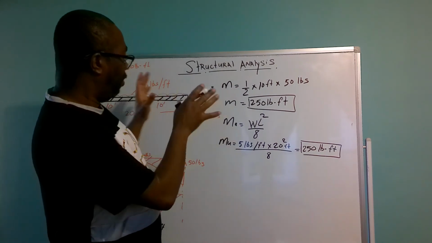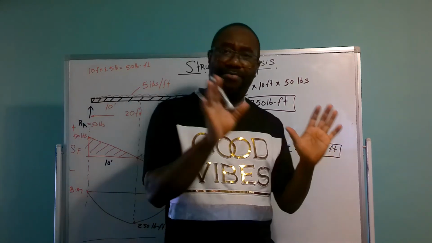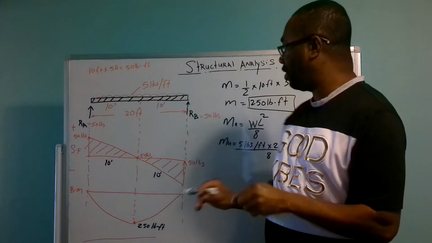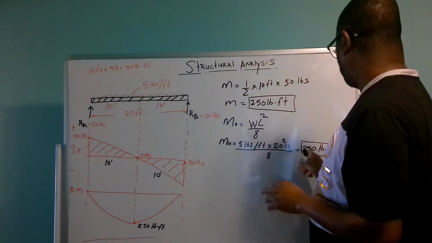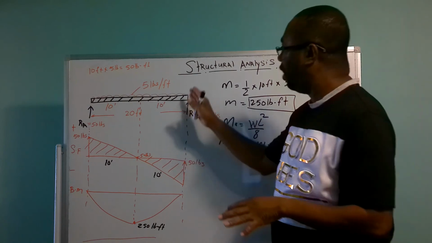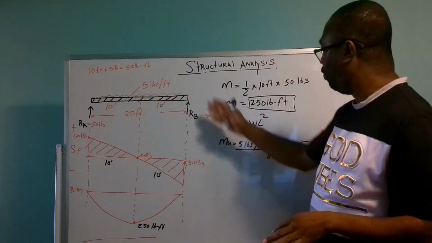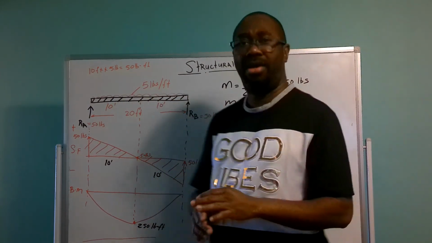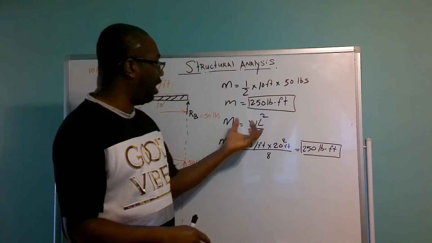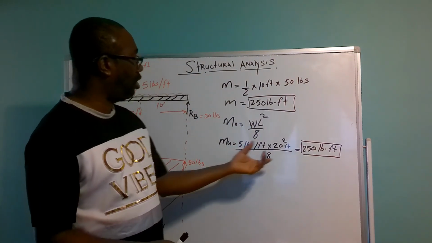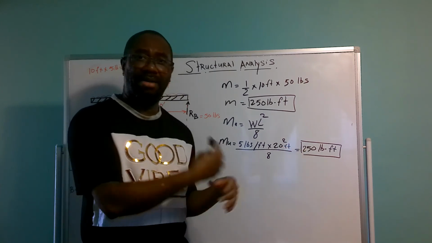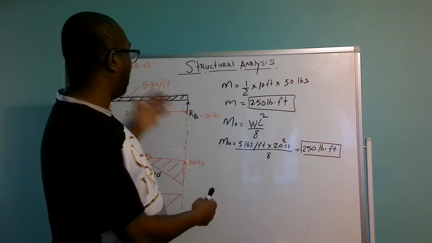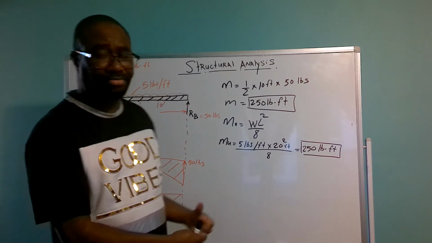So that is the reason why I've said to you that it's important to know the formula, so that you do not have to go through this. You can just simply use the formula of WL squared over 8 to calculate your maximum bending moment, and you do not have to go through all of this.